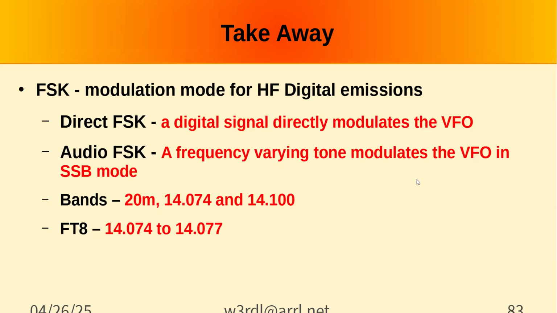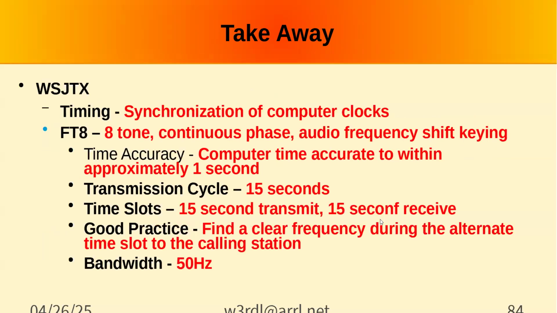Okay, so we talked about the difference between direct FSK and audio FSK. What subbands on the 20 meter in particular? What subband FT8 uses? How to do synchronization in the WSJT-X modes.